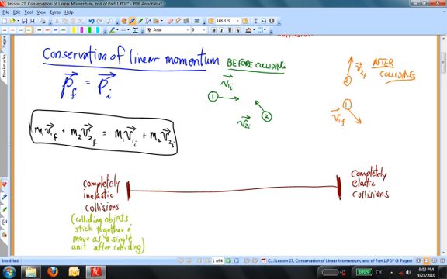On the other hand, the other extreme are completely elastic collisions. In these, we say that kinetic energy is conserved. There is no lasting deformation done to the colliding objects. There's no damage done. There's no sound generated. There's no heat generated.